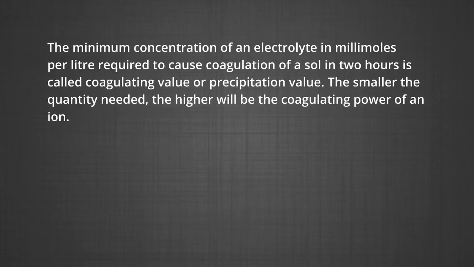The minimum concentration of an electrolyte in millimoles per liter required to cause coagulation of a sol in 2 hours is called coagulating value or precipitation value. The smaller the quantity needed, the higher will be the coagulating power of an ion.